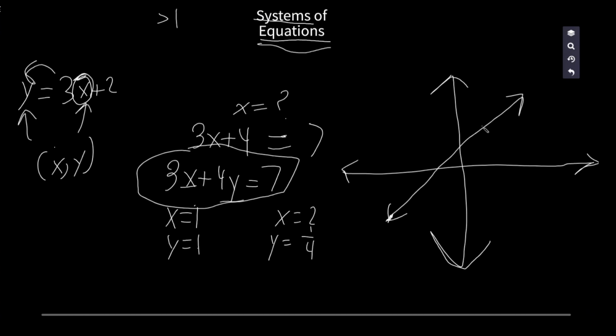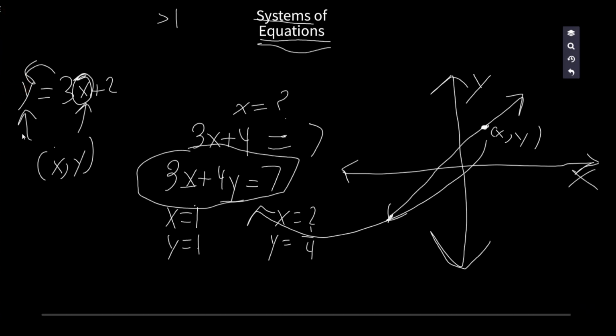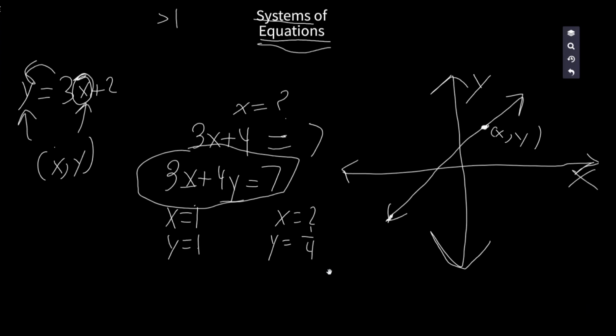Okay, so now that we know that a graph is basically all the values that satisfy a certain equation, we also know that if we just pick any point on the graph, then that x and y value point will also satisfy, hold on, let me label my axes, will also satisfy that equation.